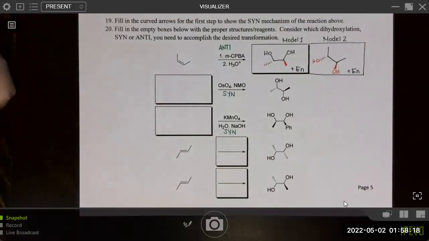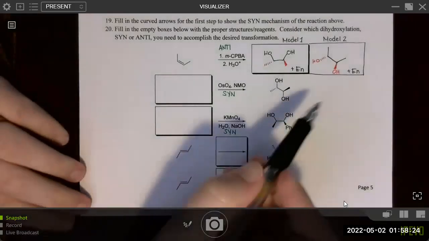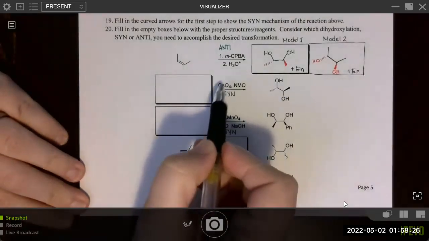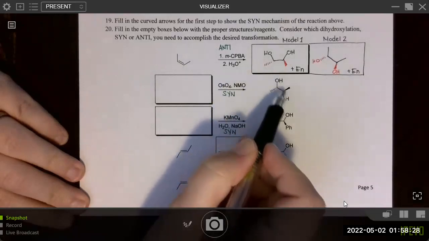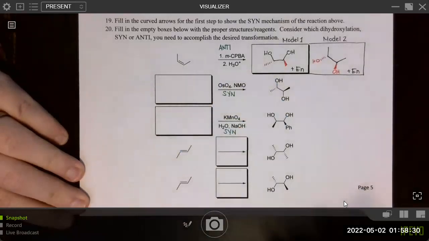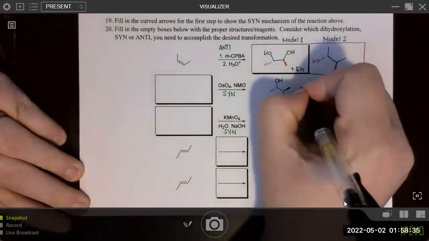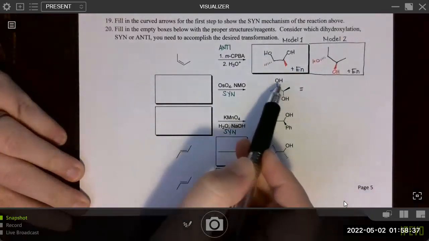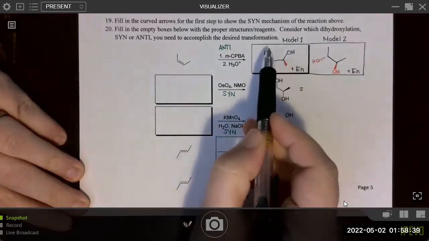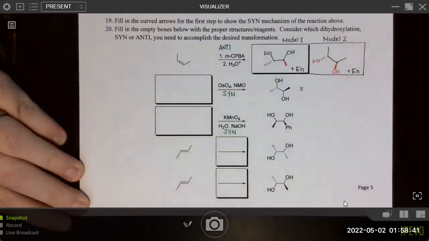All right, so what about syn addition, right? So this one is extra tricky here, as it's reagents that give syn addition, but they're drawing the OHs opposite one another, almost as if they did anti-addition. So for me, I would probably like to get this in so it looks like a product from model 1.